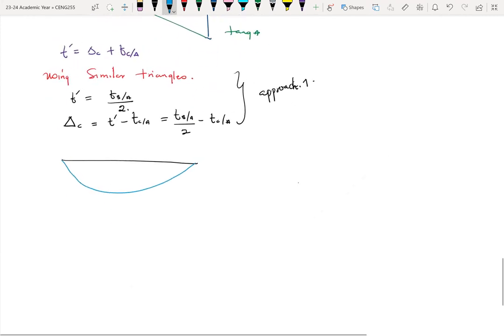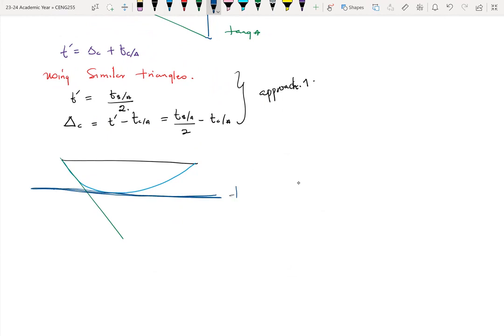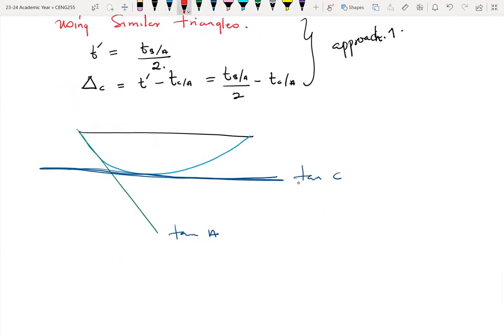Okay, yeah. And then we have these tangents drawn from A, and then the tangent drawn from C. So this is tangent drawn from C. This is tangent drawn from A. Okay. So this is your point A, this is your point C.